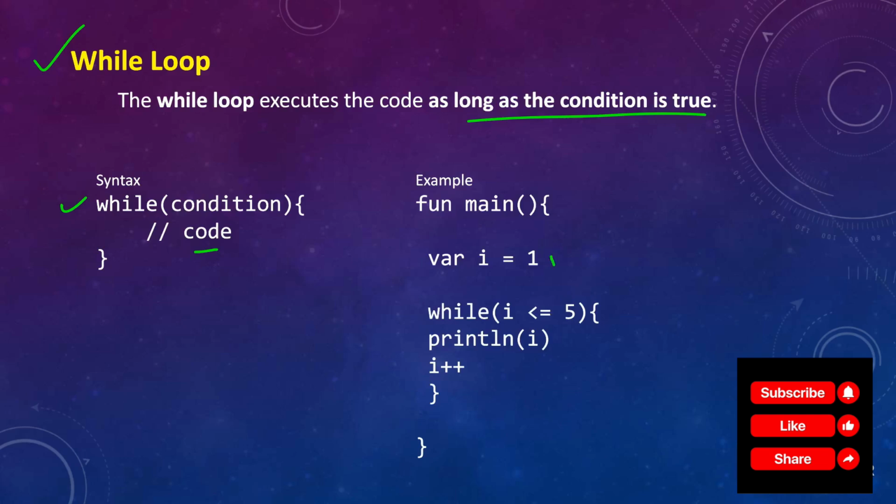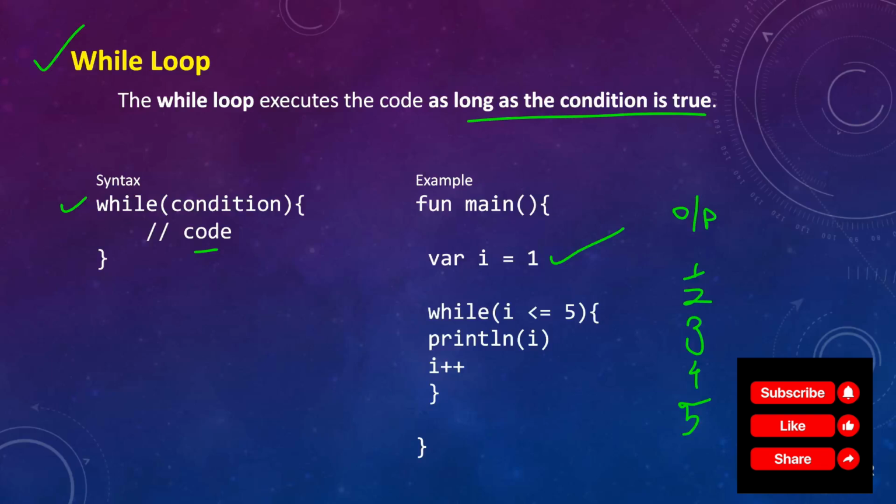What happened here? The initial value of i is 1, then it will be printed and incremented by 1, and the loop continues until the i value becomes 5. After i plus plus, the value of i will be increased by 1, so 6 is not less than or equal to 5.